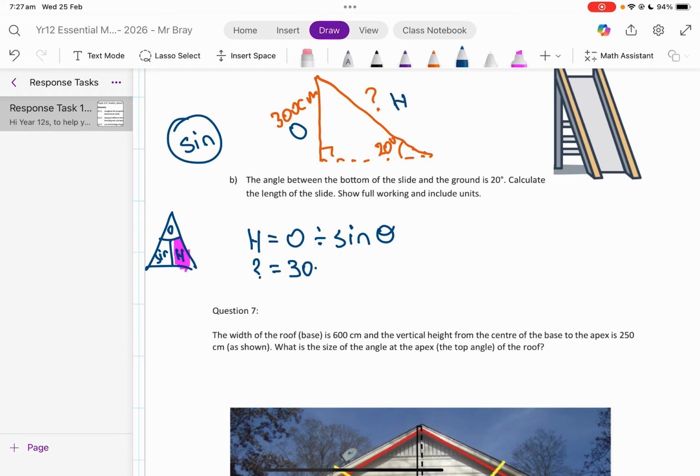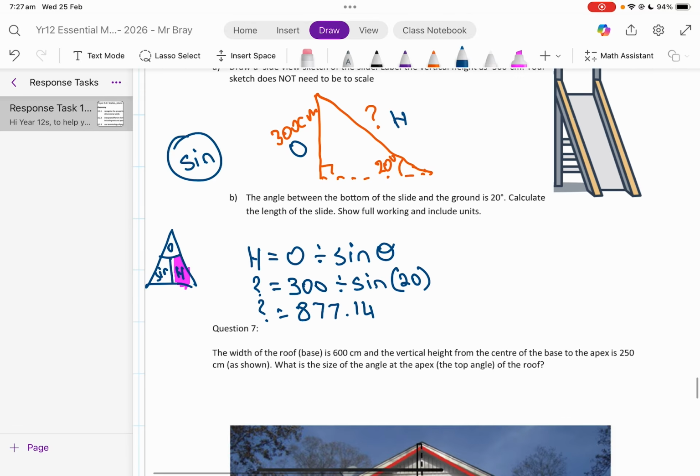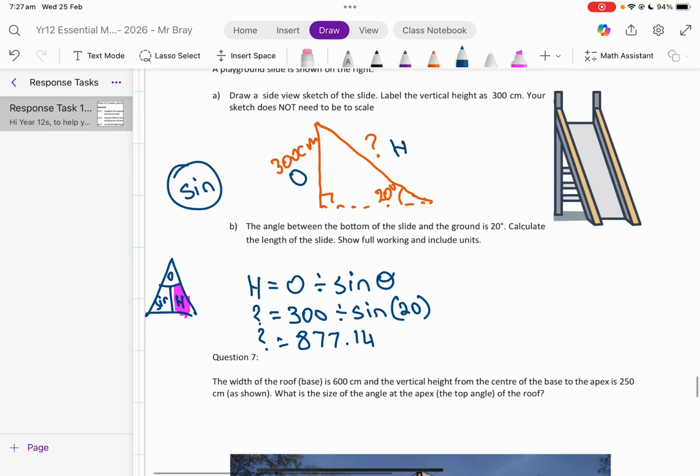The opposite side is 300 centimeters, and the angle is 20 degrees. So we get that the unknown side is equal to 300 divided by sine of 20. 877.14, and the units this time are centimeters.